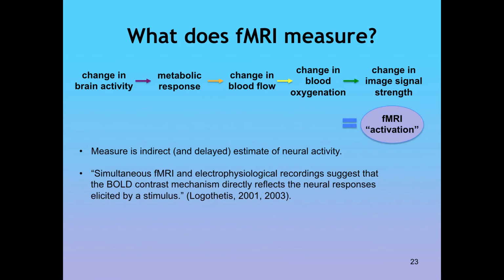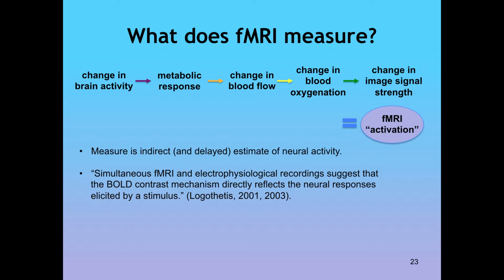So what is it that fMRI is actually measuring? In broad terms, it's an indirect measure of neural activity. Say we have a change in brain activity in response to a stimulus. That leads to a metabolic response in our bodies, which leads to a change in the blood flow and a change in the blood oxygenation, the amount of oxygen in the blood, and ultimately a change in the image signal strength, or what we think of as the fMRI activation.